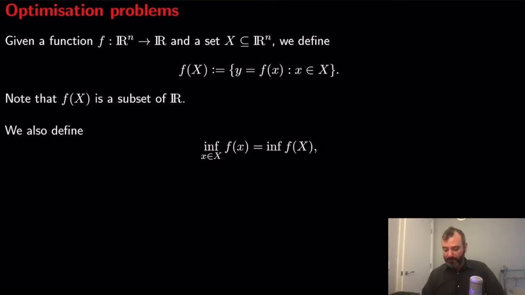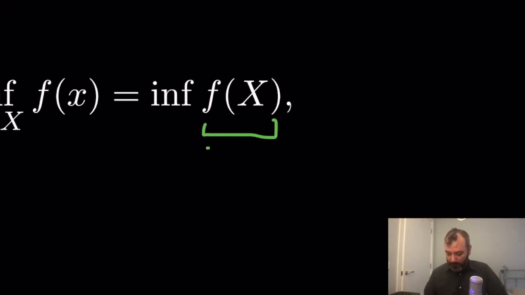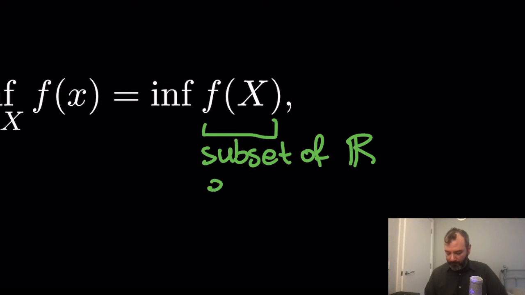Sometimes we use a different notation. Instead of writing the infimum of f of X, we write the infimum of f of little x, where x belongs to the set big X. But once again, don't forget, this f of big X is what? It is a subset of R. For example, it may look like this, from 0 to 1.